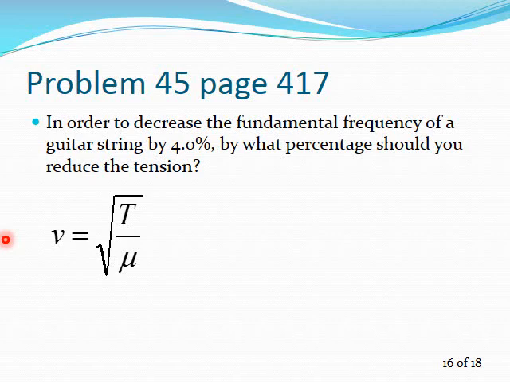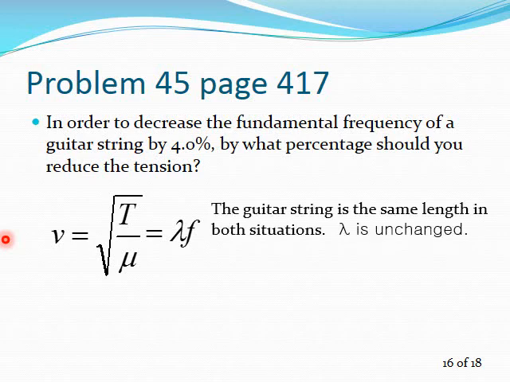Well, it's the fundamental frequency, so I need to know the length of the string. I also know that the velocity is equal to its wavelength times the frequency. The length of the string will not change with the guitar, so lambda is unchanged. Since the string of the guitar won't change, mu is also unchanged.